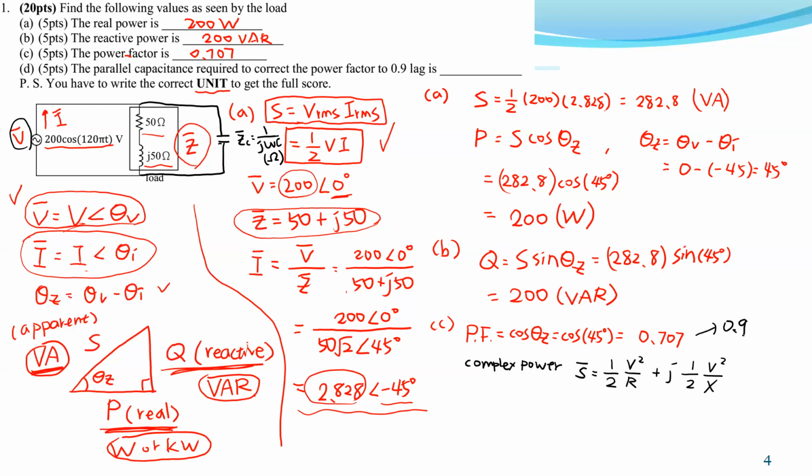To reduce the power factor angle for 0.9, we need to calculate the new theta z. So this should be cosine theta z prime, our new theta z.